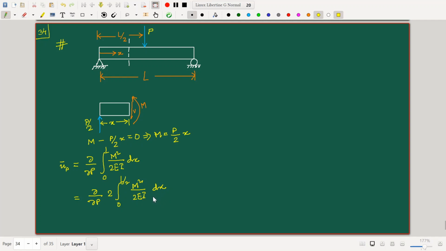All right. Now if we substitute this expression for M here, this 2 will cancel with this 2. So what we obtain is del del P of the integral from 0 to L by 2, and this M squared becomes P squared x squared by 4 EI dx.